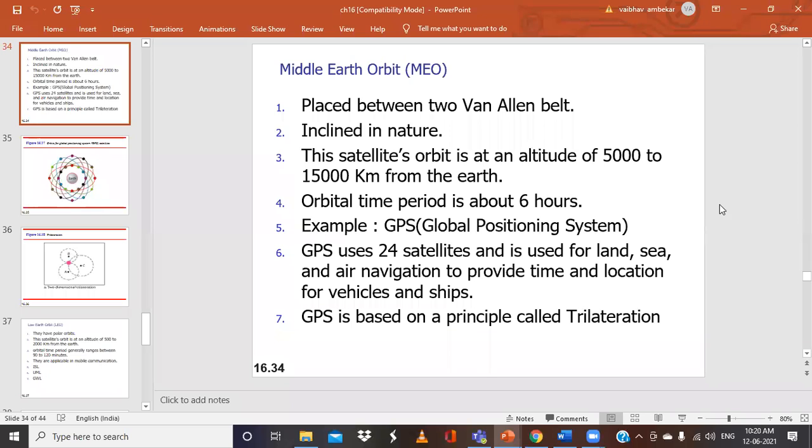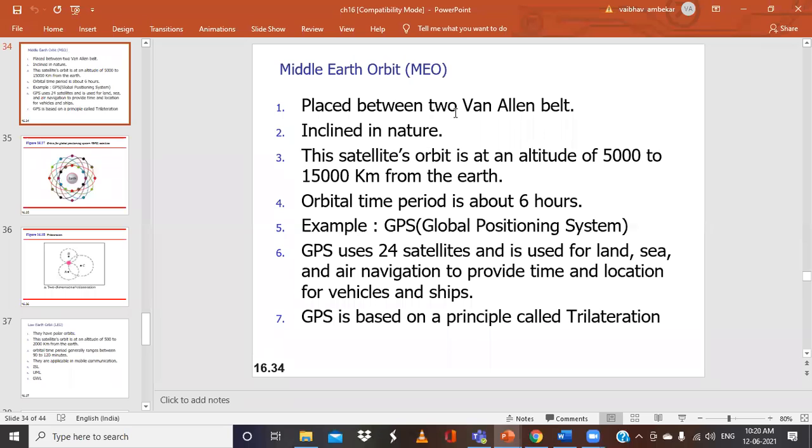If you compare GEO and MEO, the characteristics remain the same. There you were informed that it is placed 37 kilometers above the earth's surface, and here they are placed between two Van Allen belts, 5,000 to 15,000.